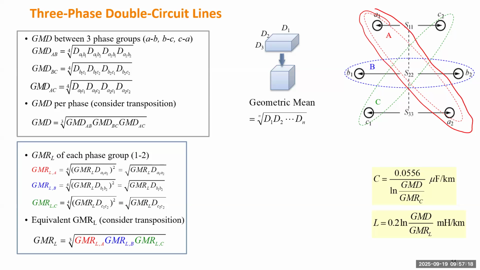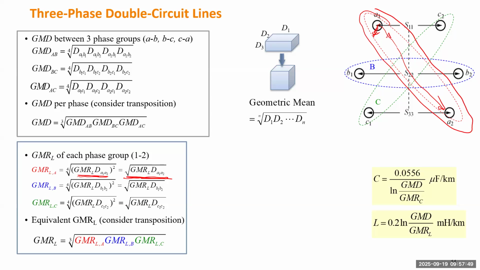So you just need to calculate the distance between the center and the skin of one conductor, and then you consider the distance between the 2 conductors in each group. So there's the product of those 2 elements. Then you change the reference to the second one, you get another one. So eventually that will be the GMR A, LA.